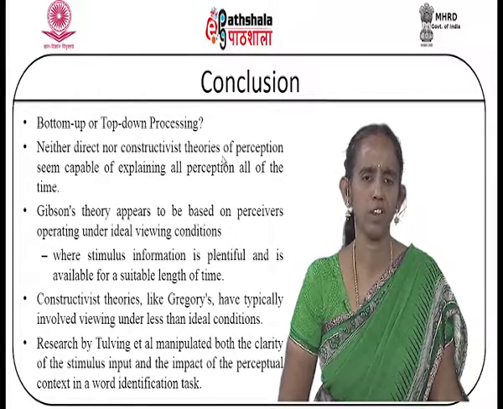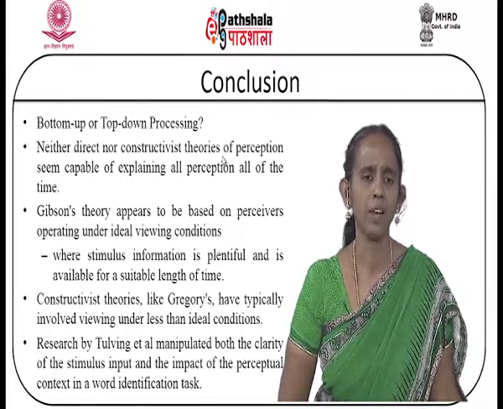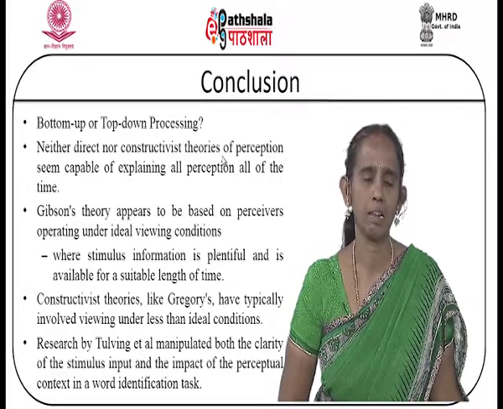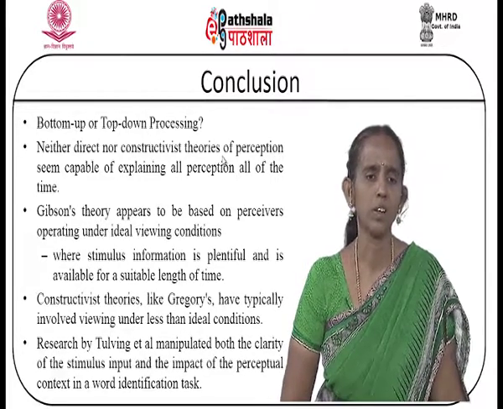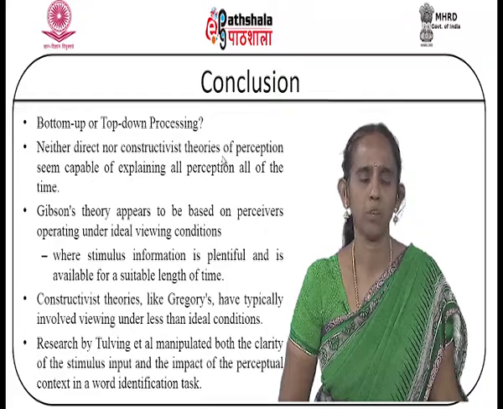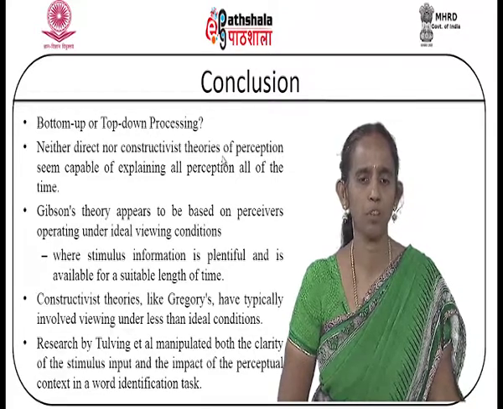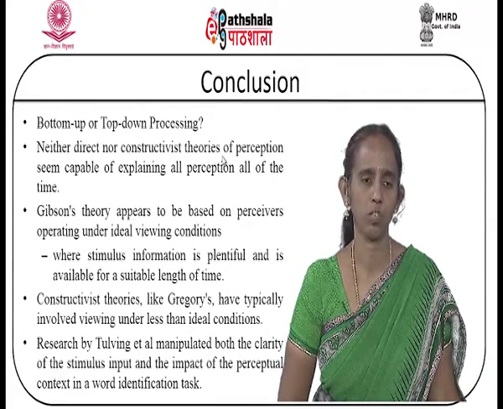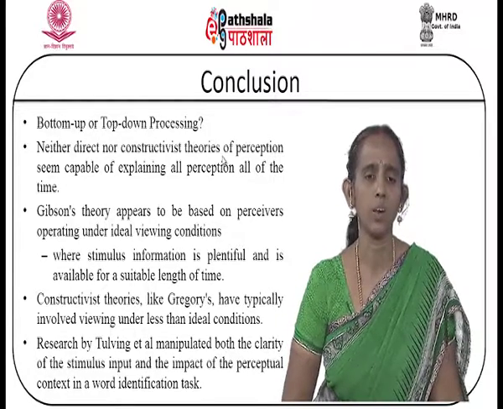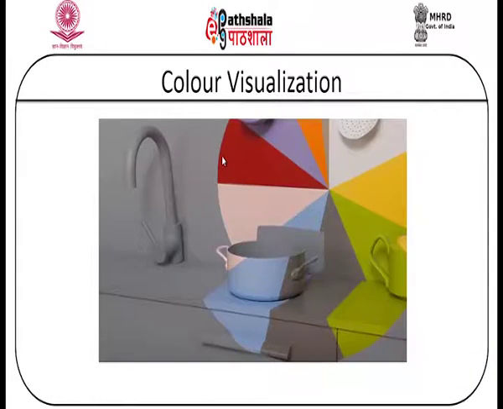Constructivist theories like Gregory's, on the other hand, have typically involved viewing under less than ideal situations. Research by Tulving et al. manipulated both the clarity of the stimulus input and the impact of the perceptual context in a word identification task.